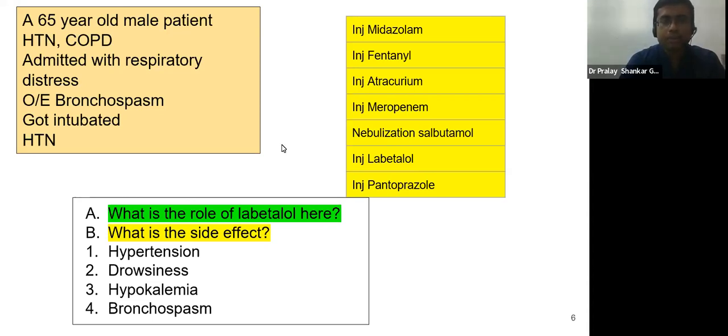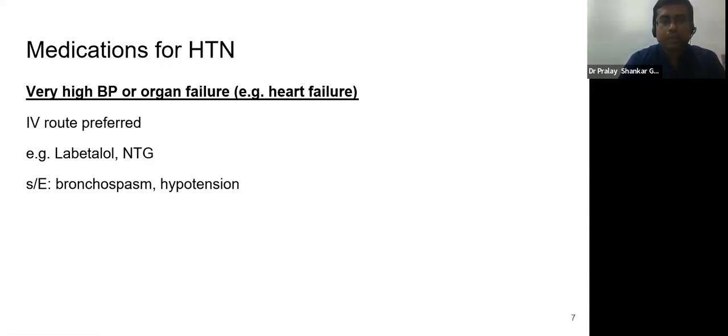So I'll move to the next slide. For very high blood pressure, or a patient with high blood pressure and organ failure like heart failure, we prefer the IV route. The drugs of choice are either labetalol and NTG, nitroglycerin, and if you use them in excessive dose, they can cause hypotension.